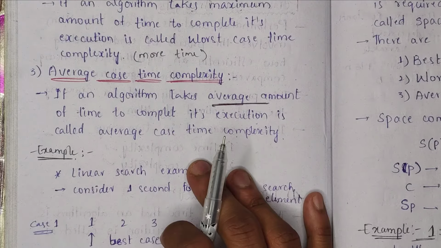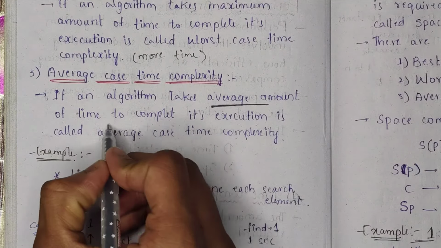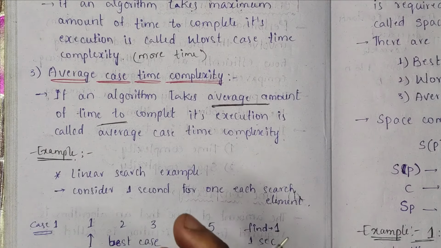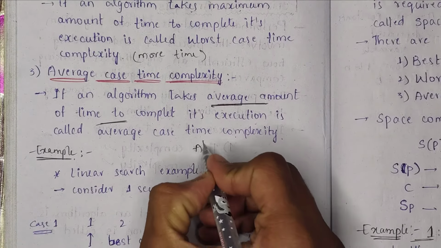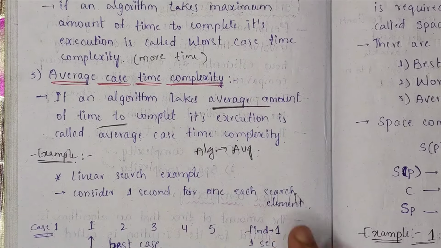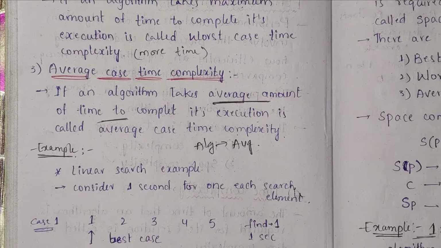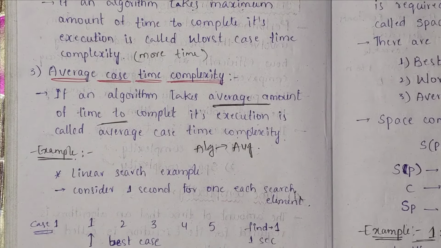The particular algorithm takes an average amount of time to complete its entire execution. This is called average case time complexity of an algorithm.